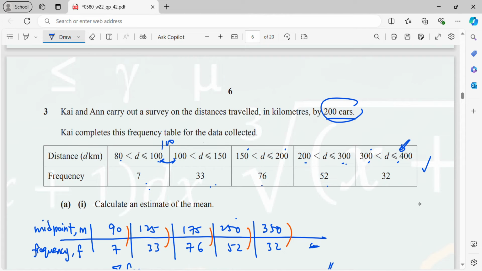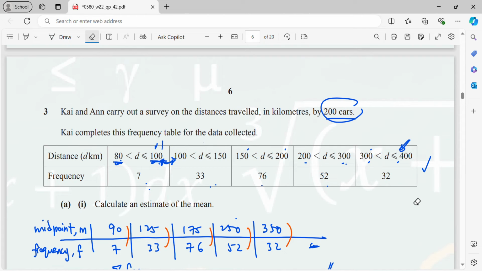That is your class boundary, which means my class boundary will be the same as the class limits. These 80 and 100 are called class limits, but the class boundaries will be the average of the upper limit of the first class and the lower limit of the second class.